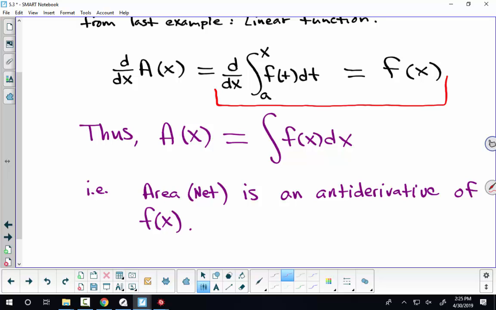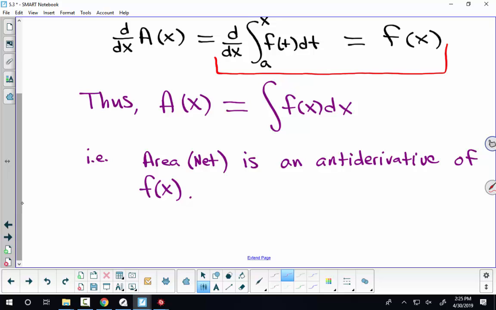That's the first part of the fundamental theorem of calculus. So the derivative of the area function is f of x. And we'll come back to that.